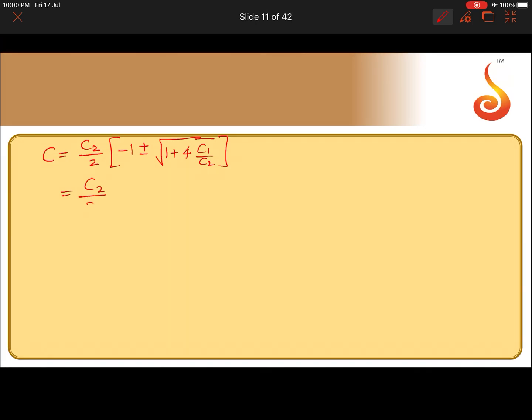So, it will be C2 by 2 into square root of 1 plus 4 into C1 by C2 minus 1. Out of plus or minus only plus is physically valid, minus is not valid. So, this should be the equivalent capacitance of the given network.